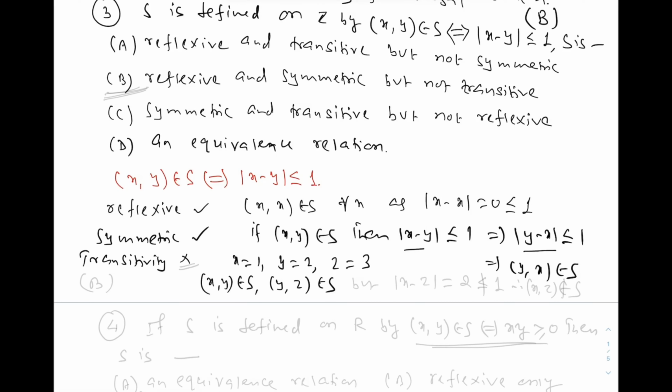Modulus of x minus y is 1, modulus of y minus z is 1. But see, what is modulus of x minus z? That is 2, and that is not less than or equal to 1. Therefore xz is not in S. That means transitivity is not there. So reflexive and symmetric but not transitive. So this B option is the answer.